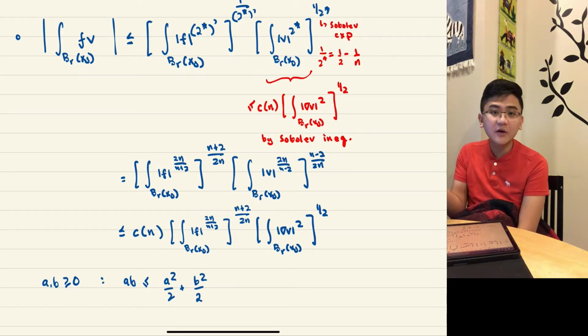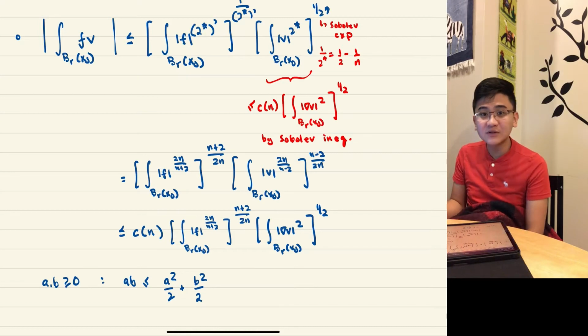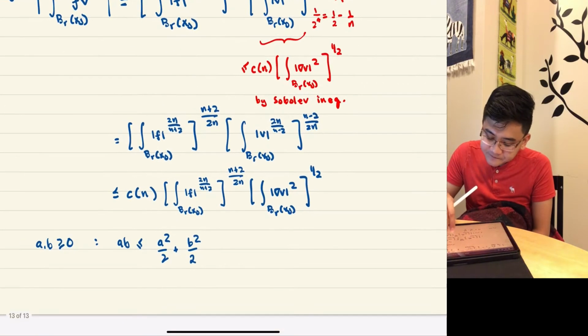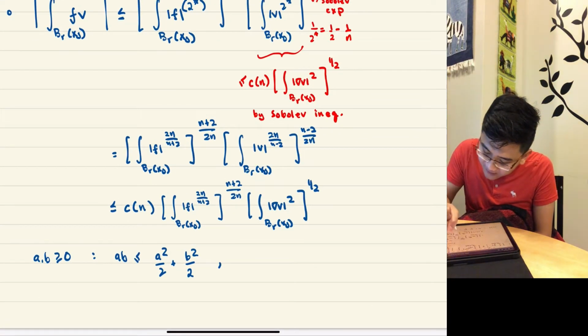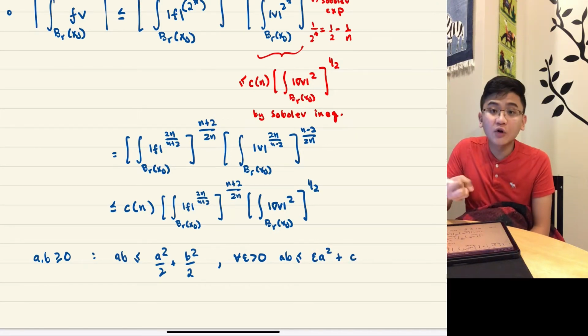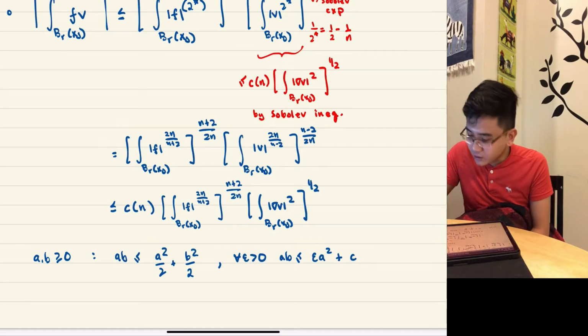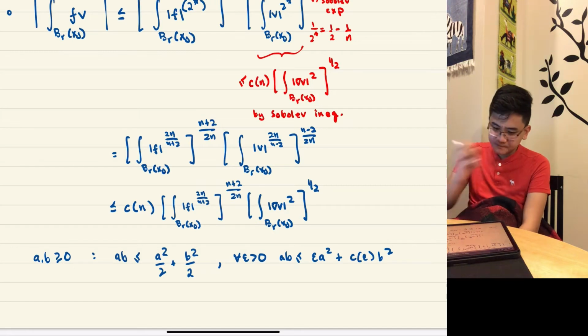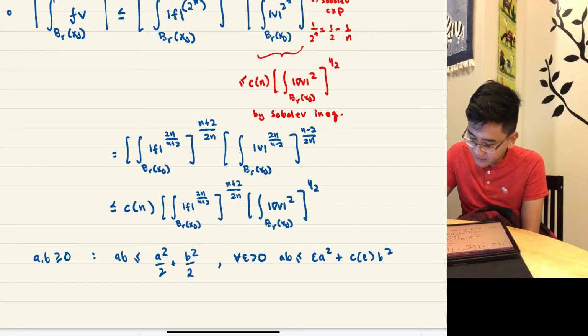This is just Young's inequality for p equals 2, so this is the usual one. But there is another form where, given a positive epsilon, you can control this by epsilon a squared plus some constant that grows larger as epsilon grows smaller, times b squared.